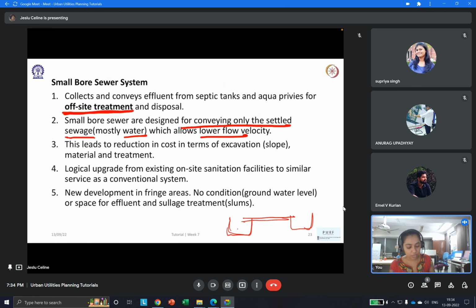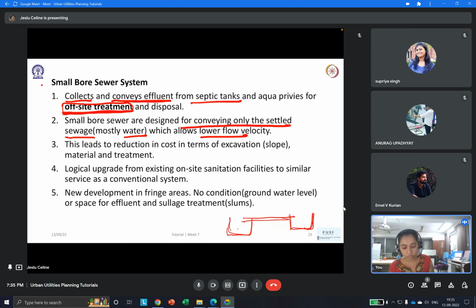So from an offsite place, the treatment happens in another place. There is a collection and conveyance of effluents from septic tank or any other source to other places. So it is not on-site, it is off-site. So Anurag's answer was actually right, that it is a small bore sewer system.